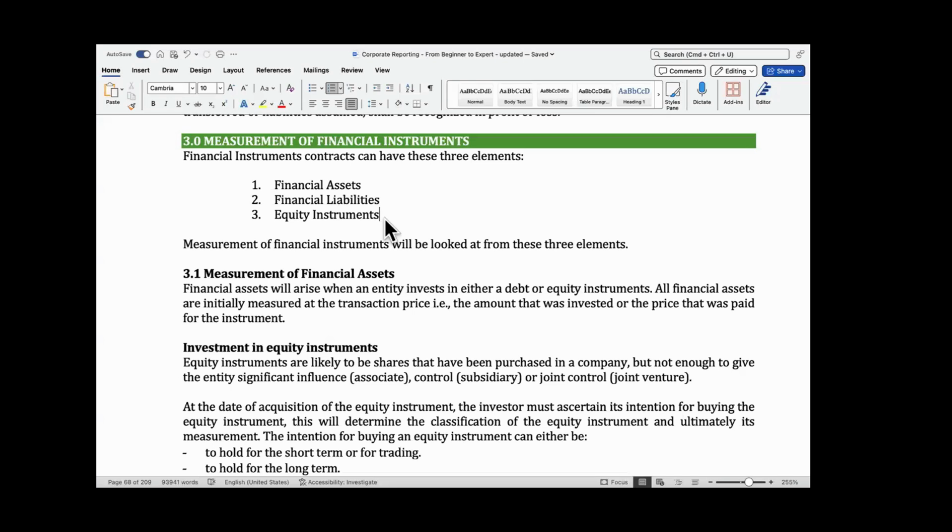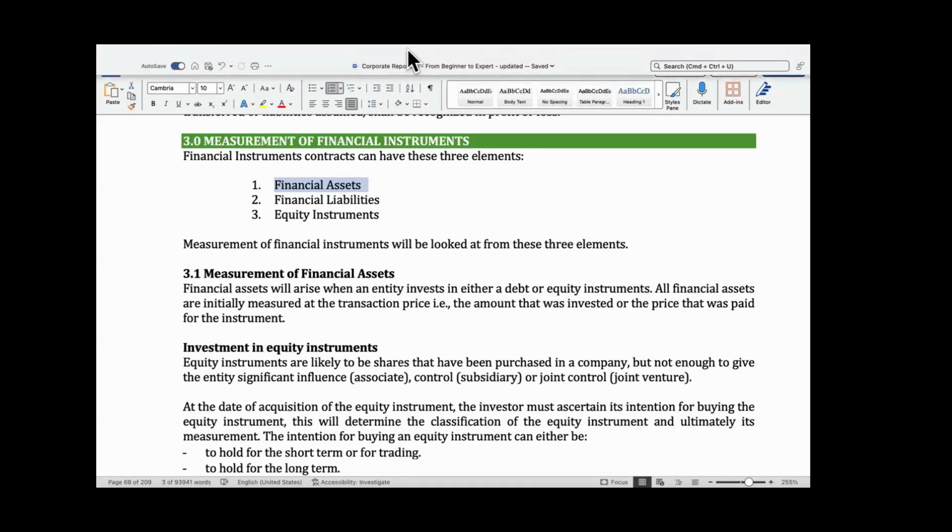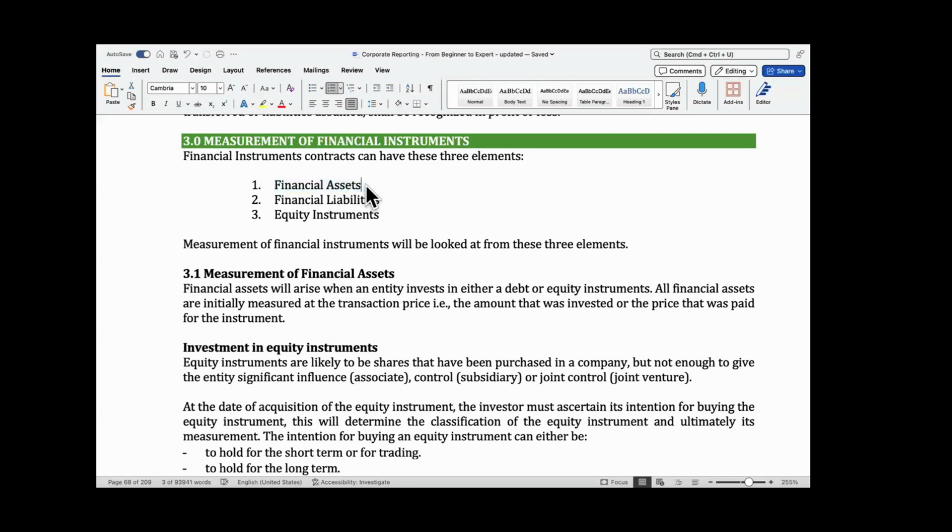And also, I'll look at this financial asset: what happens if we lose our investment? How do you treat that loss? Okay. And hopefully, I might also look at fair value measurement. So very short topics, very short transactions I want to look at today.